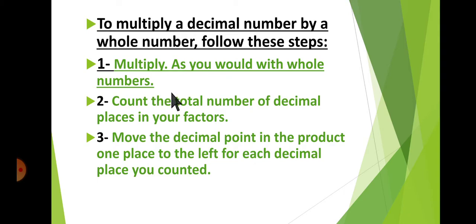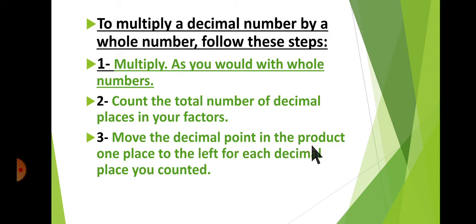First of all you just ignore the decimal and multiply the numbers simply. Second, count the total number of decimal places. You will not count whole number places, you just count decimal places in your factors. Third, move the decimal point in the product.